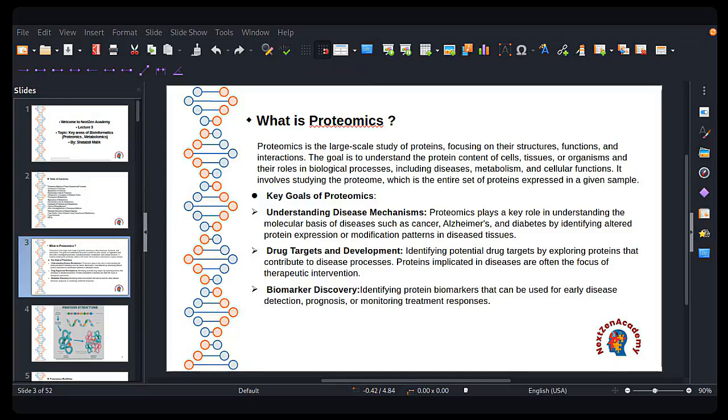In the case of genetic markers, the different markers were SNPs, STRs, Y-STRs. These help us in detecting diseases and we can monitor treatment responses.